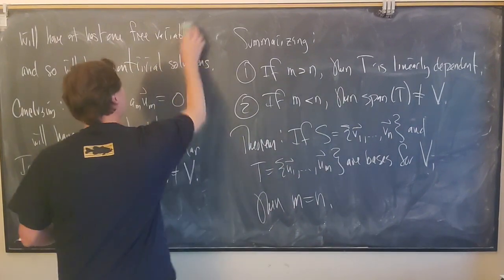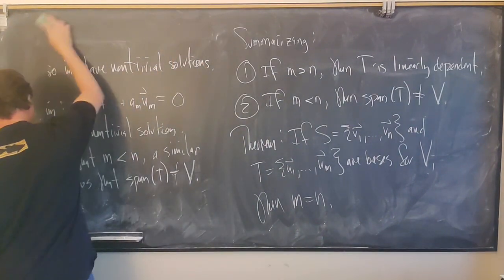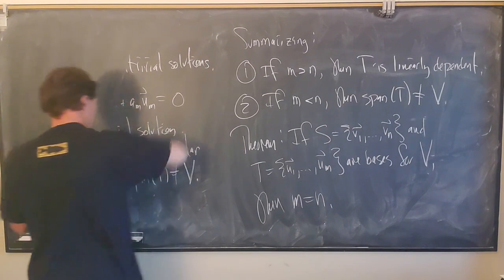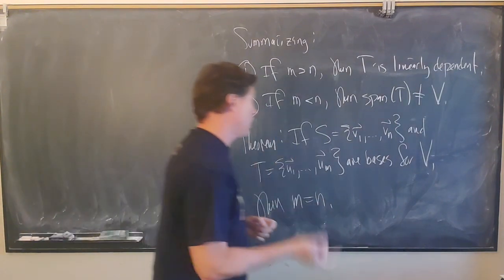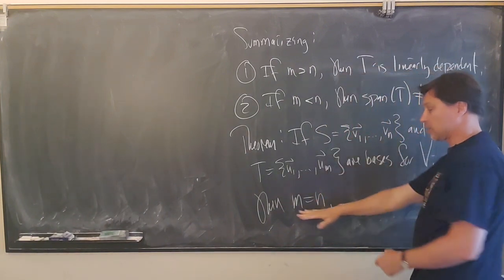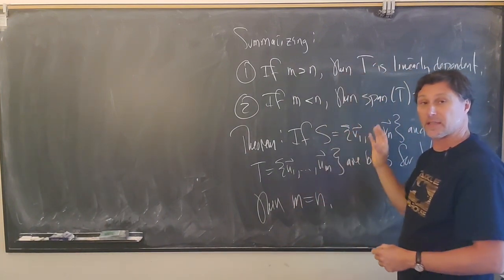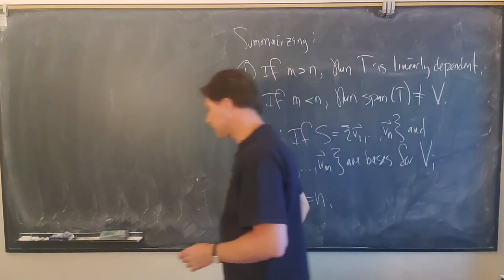And so this leads to a definition, right? Every vector space has this number connected to it. This number is the number of vectors that give us a linearly independent spanning set.